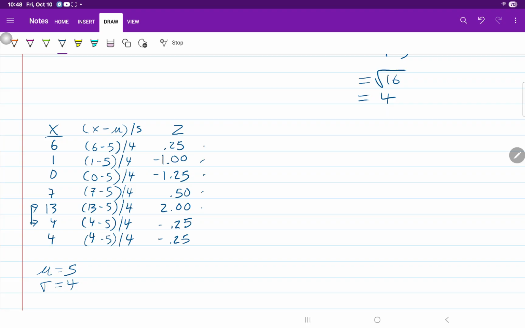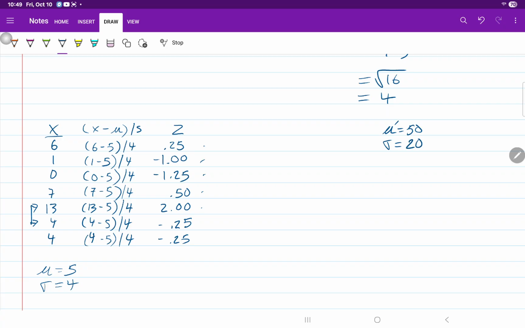Now we have to figure out x prime. We need to figure out what happens if we change our standard deviation and our mean to something new. The something new in this case is going to be mu prime equals 50 and sigma prime equals 20.